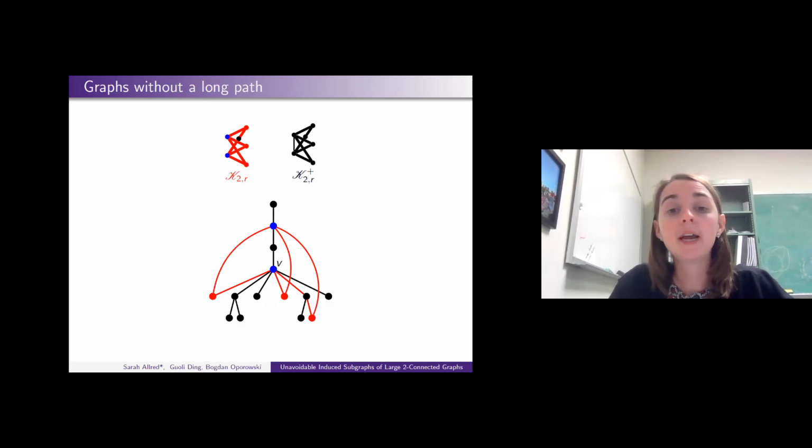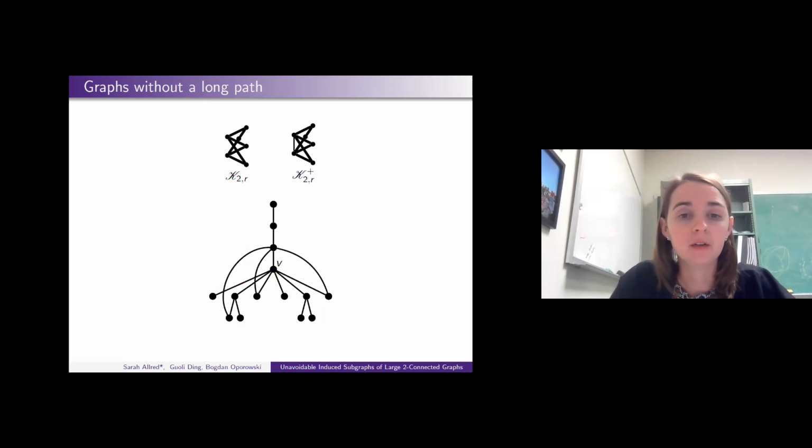All right, so the next case we could have is, what if a bunch of the descendants have an edge in G going to a vertex that is an ancestor of V and is adjacent to V? So we're looking at this case.